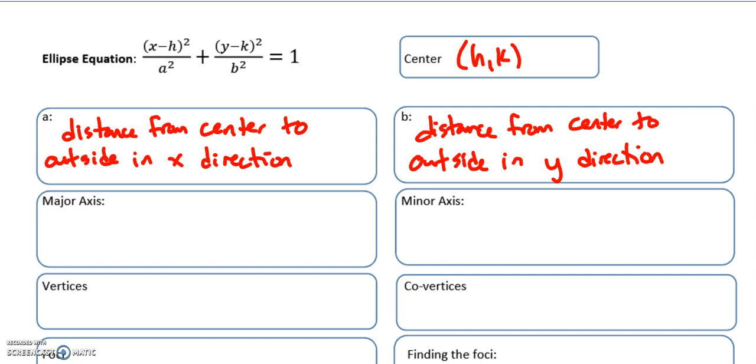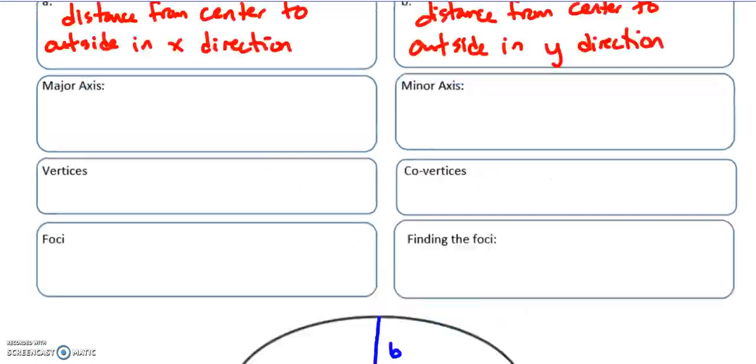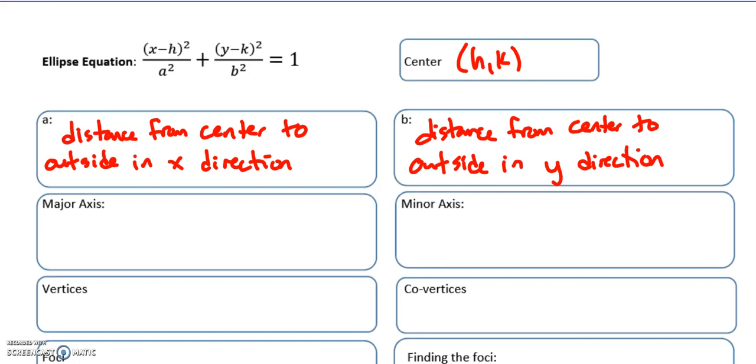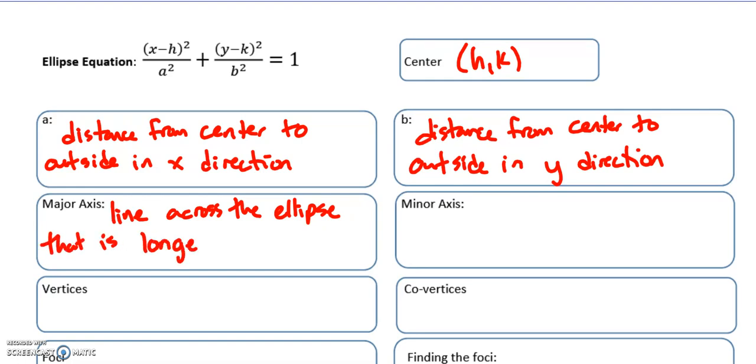We have something called the minor and the major axis. Let me scroll back up. I don't know why I scrolled. The major axis is the line across the ellipse that is longest.